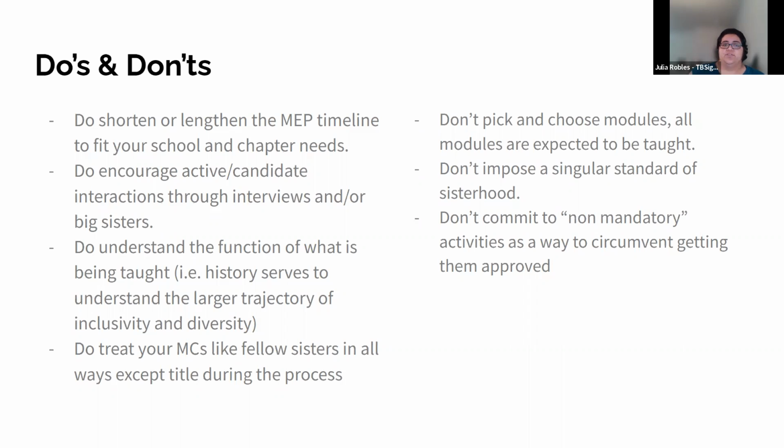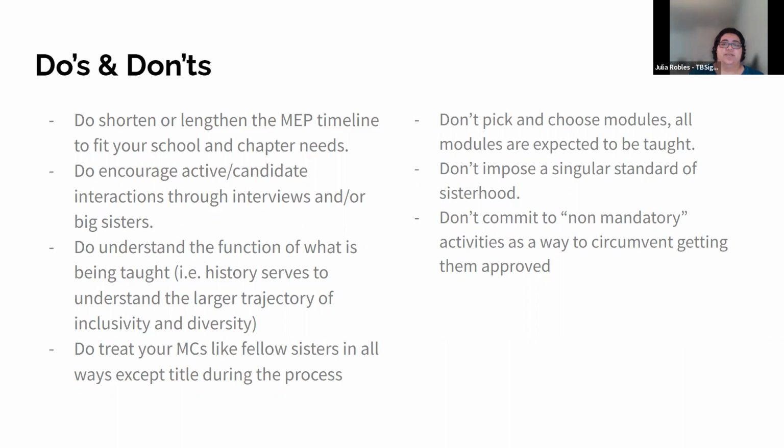So understanding that the function of these things is to make us better sisters helps us understand why we do Overture, and helps us be less against the idea of doing a whole 12-week process if that's what your chapter does. Understanding all the information gets you to a better place education-wise.